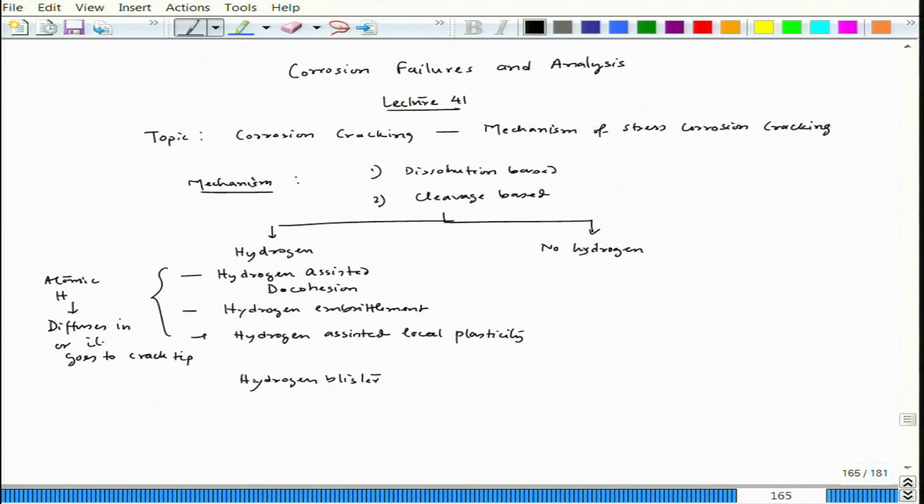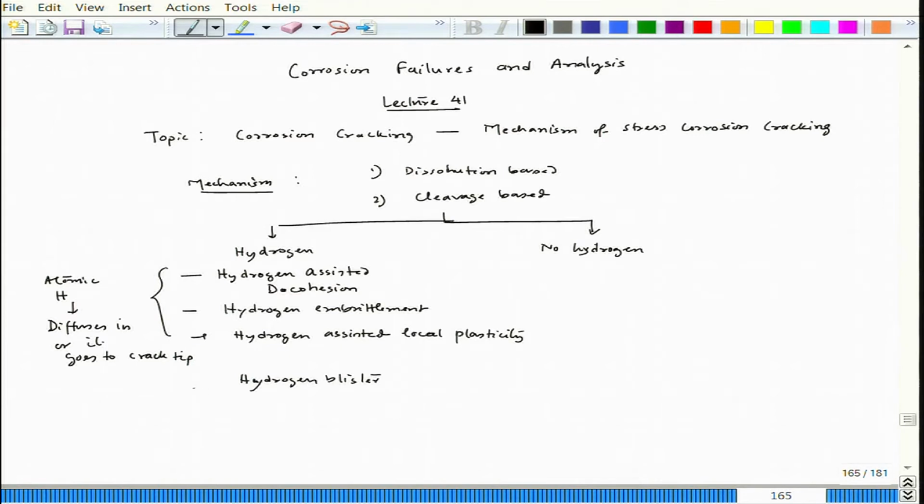This typically should not fall under SCC, but it also involves hydrogen related cracking of the material. In fact, it leads to a kind of fish mouth failure appearance, or a kind of delamination.